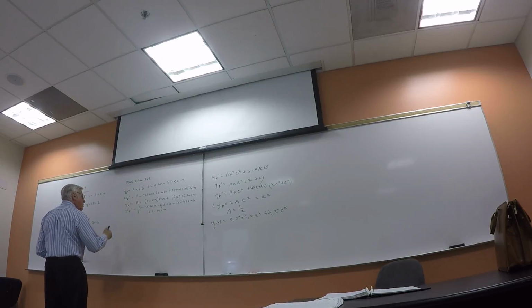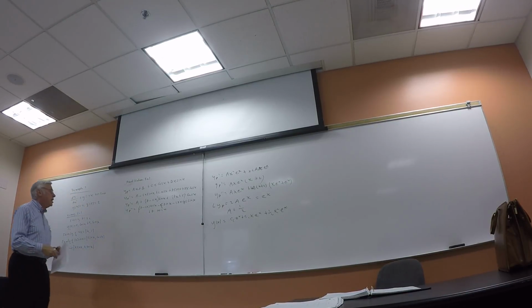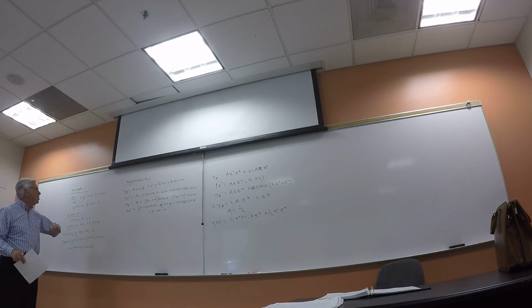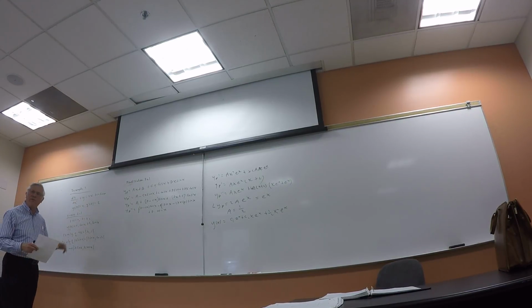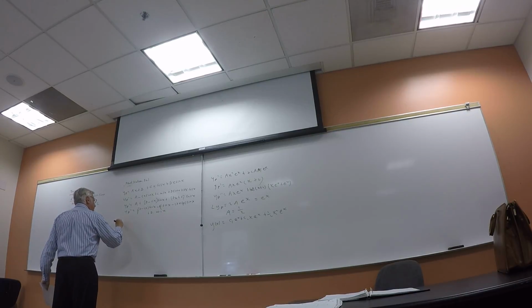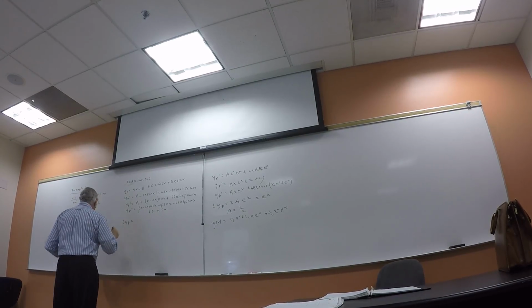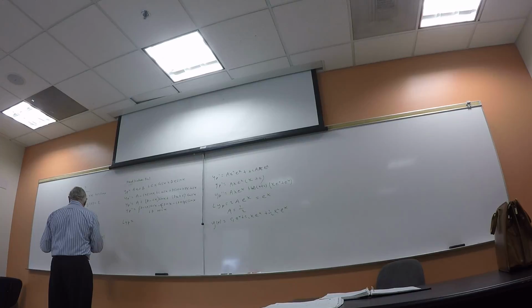The important thing now is that you simplify yp double prime as much as you can, and then do yp double prime plus yp. That's the left-hand side, and I'll just call that L operating on yp. I'll give you the simplified form for that.